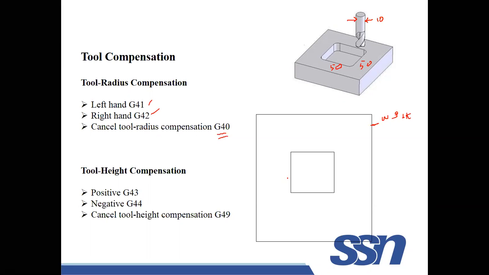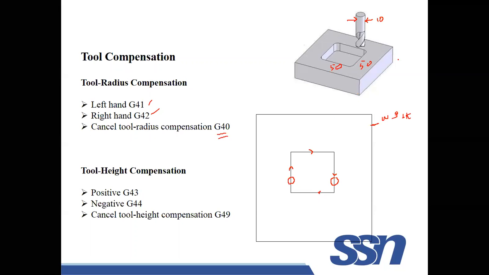This will be the movement of the tool. My tool will be initially here. Let us take, this is my tool, the initial location. What about its diameter? 10. It will be moving like this, in this direction. My cutter is moving in this direction so that I am able to make a pocketing operation. Now, if you watch this tool movement, tell me what is the size of the pocket.